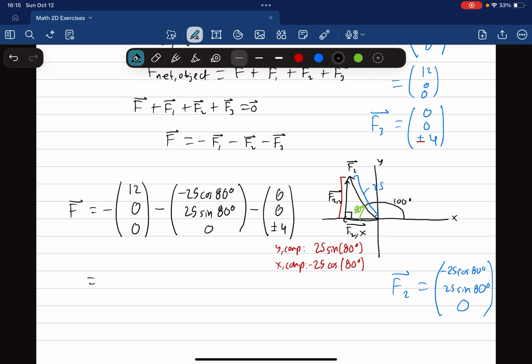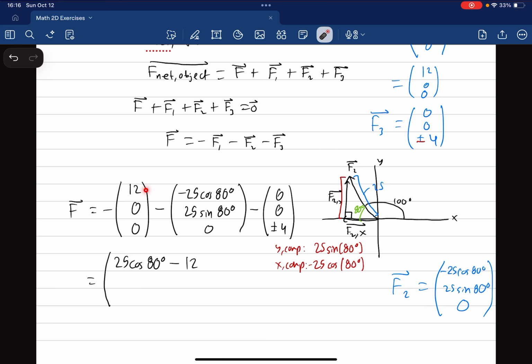So now, combining all the x, y, and z components respectively, we end up getting 25 cosine 80 degrees minus 12. So I did negative 12 plus negative negative turns into positive 25 cosine 80 degrees, and I just rearranged.